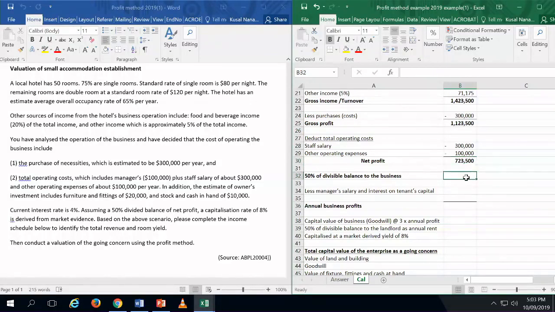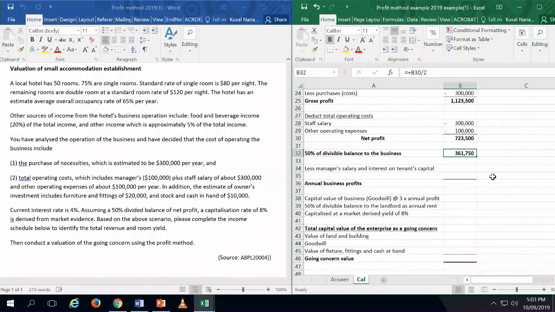So now 50% divisible balance to the business. It means 50% goes to the landlord, 50% remains in the business, right? To the tenant, 50%. Or multiplied by 2. This is 361,750. This 50% goes to the landlord's rental income.